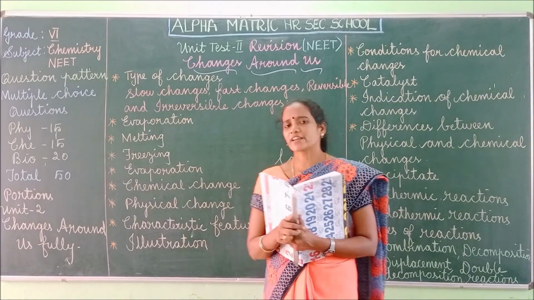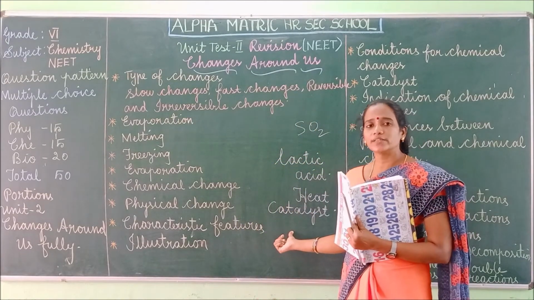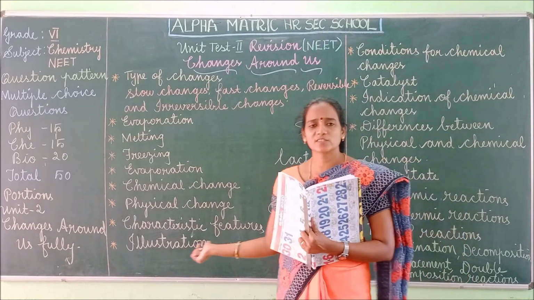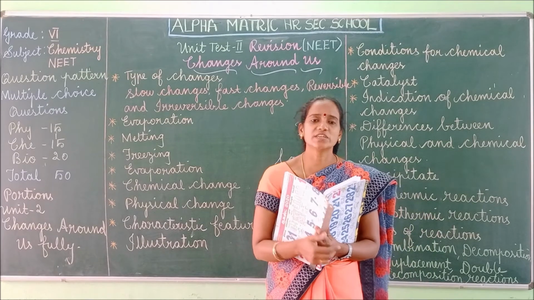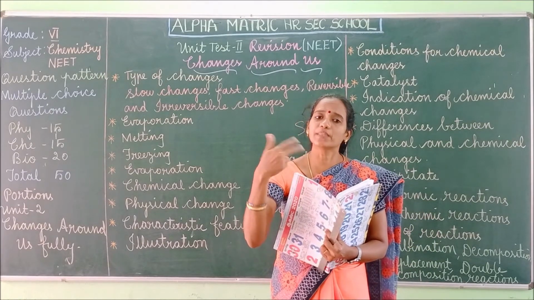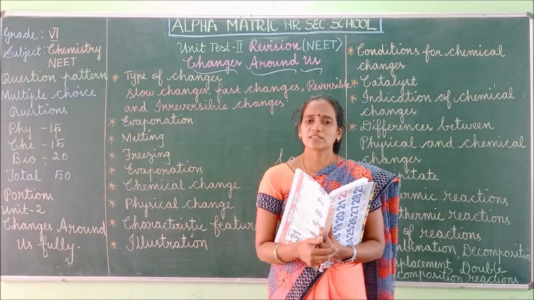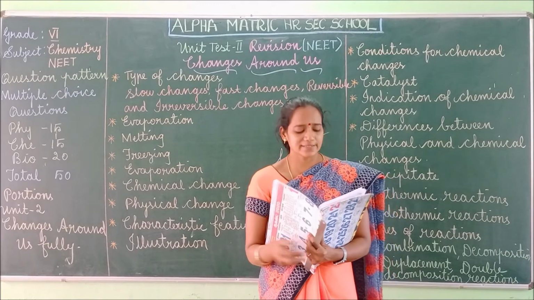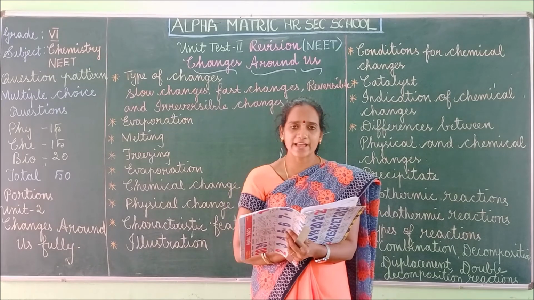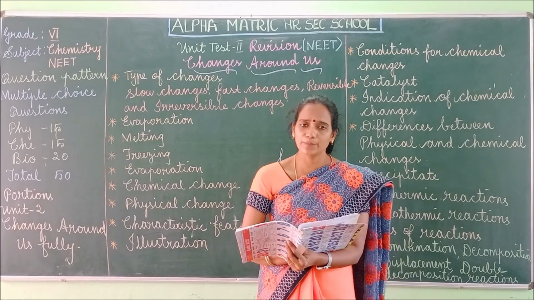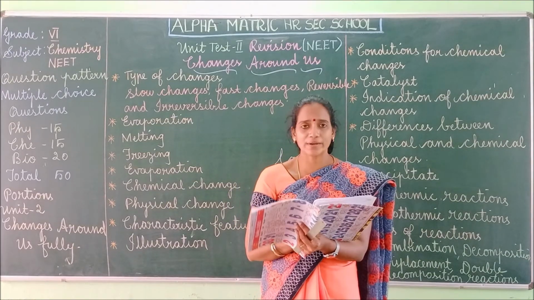Okay, such substances are called catalysts. Catalyst is nothing but a chemical substance which is used in industries to speed up the chemical process. Such substances are called catalysts. Okay, underline this one: the substance which speeds up the reaction without undergoing any permanent change. It is on page number 22.